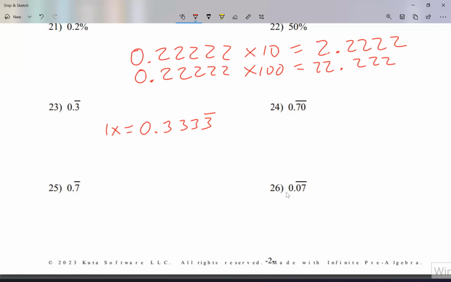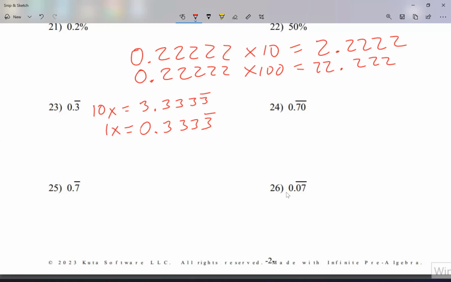Notice how I said 1 times this fraction, because I want to write this as a fraction, is the decimal that I have. Because my number that repeats is only one number, let me multiply this by 10. If it repeated 2 numbers, I would multiply by 100. So 10 times x, move the decimal 1 place to the right, and it will give me 3.3333 and a bunch of 3's.